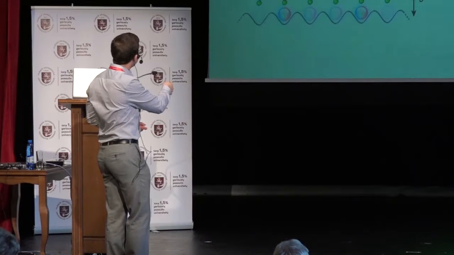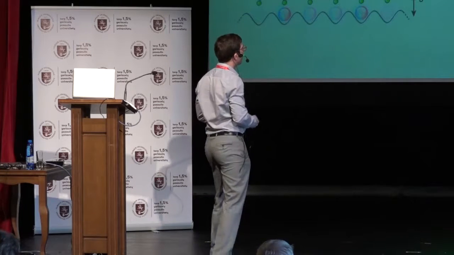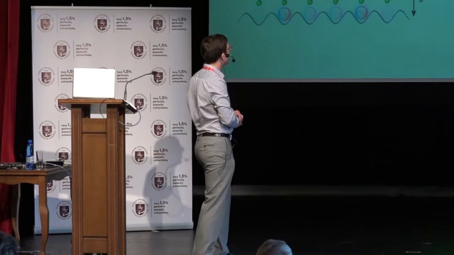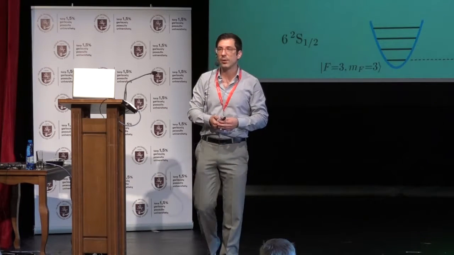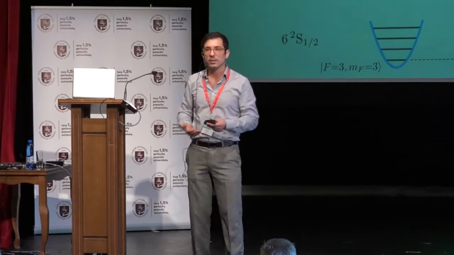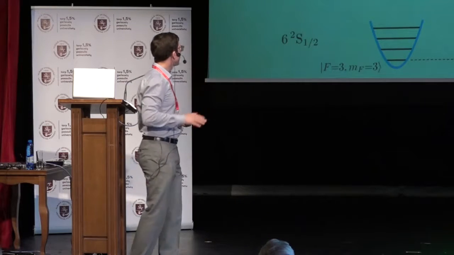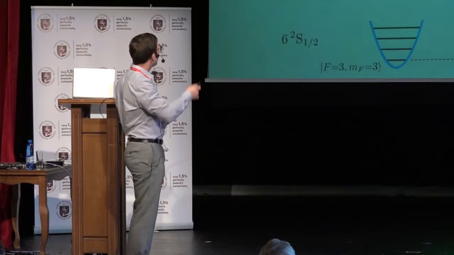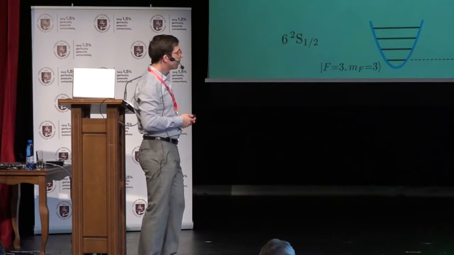So in fact, this motion here is dominated by spin-orbit coupling realized with this spin-dependent optical potential. And this very powerful system allows us to study topological insulator materials, gauge fields, etc. But this is not the subject of my talk today. What I want to talk about is how to transport atoms fast at the quantum speed limit.